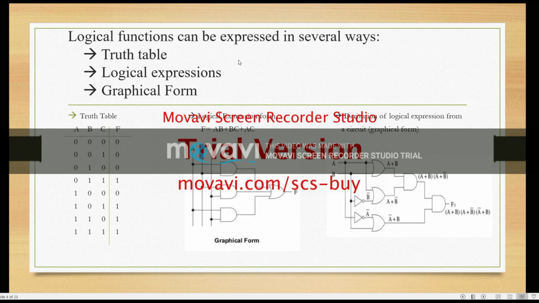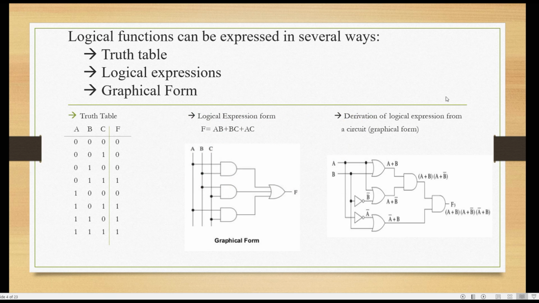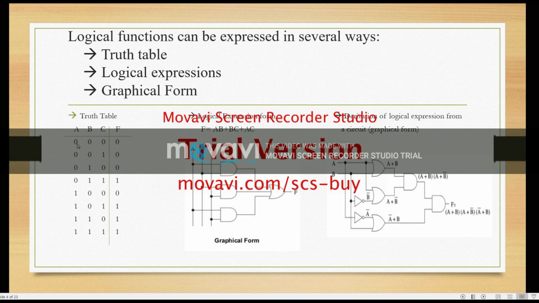Logical functions can be expressed in several ways. We can represent logical functions using a truth table, a logical expression form, or a circuit. So as we see here, this is the truth table. The 3-bit truth table is this one.